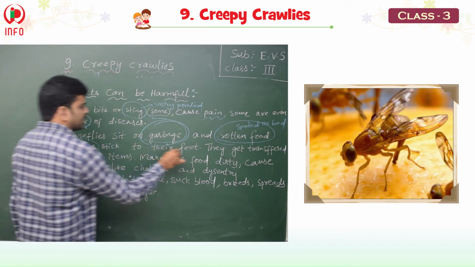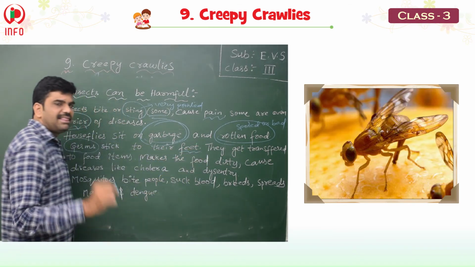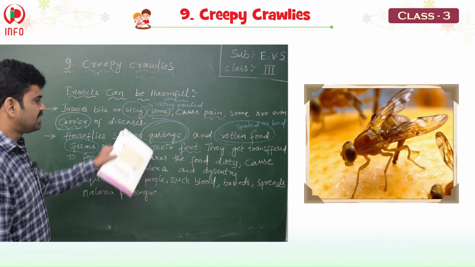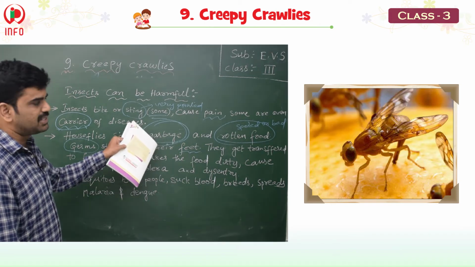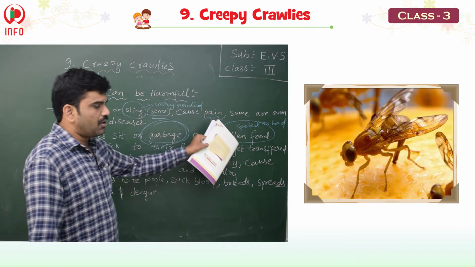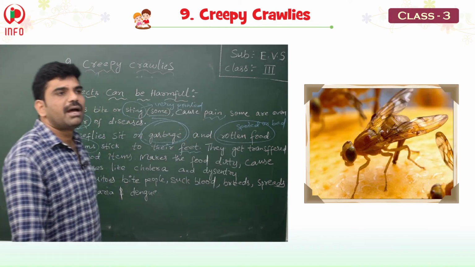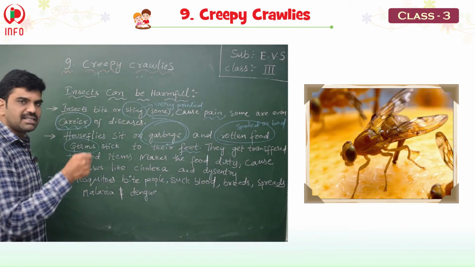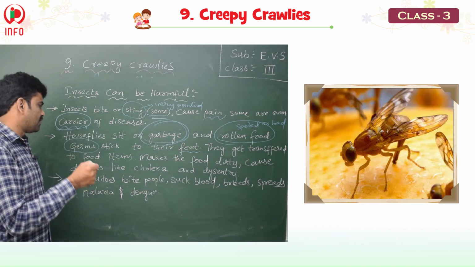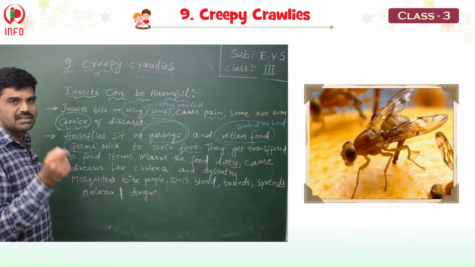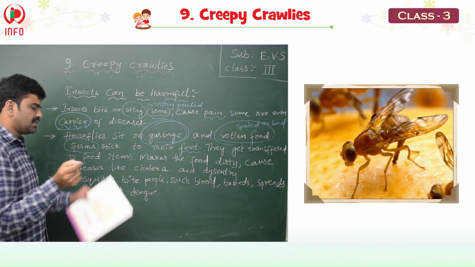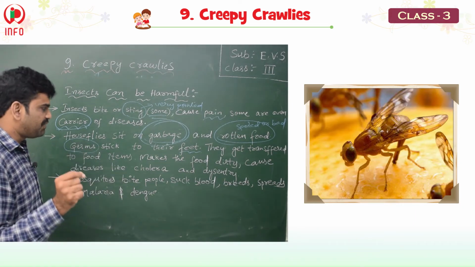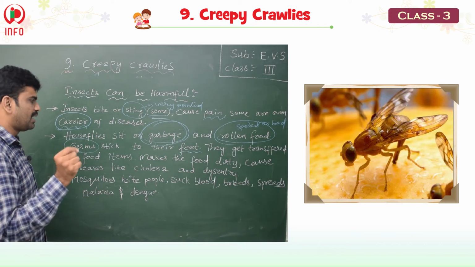Germs stick to their feet. When these houseflies sit on the garbage, that means waste material or rotten food, what happens? The microorganisms or germs stick, meaning attached, to their feet, to their legs.